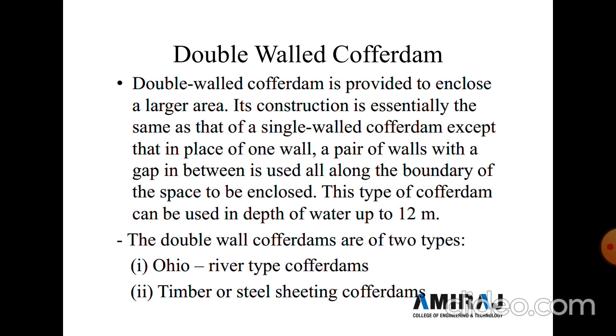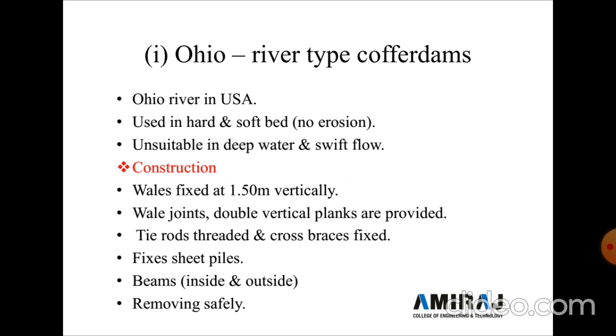Here two types of double wall cofferdam are constructed: the Ohio river type cofferdam and the timber or steel sheeting cofferdam. First is the Ohio river type cofferdam. Ohio river is in the USA.